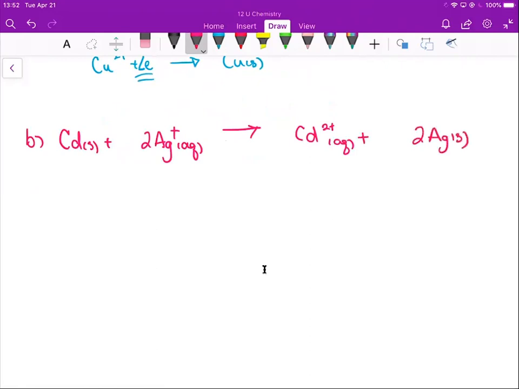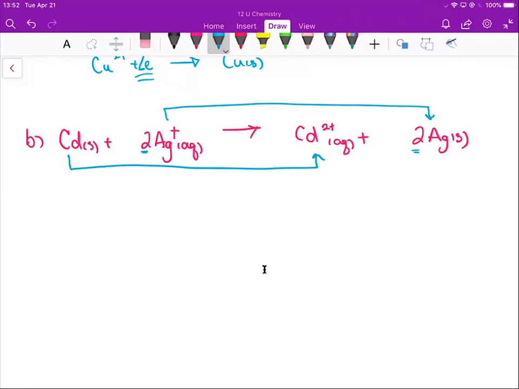Okay, and it's actually already balanced for us. I know this because of these coefficients. They're trying to help you guys out before trying to guess it on your own. So cadmium is connected with cadmium, silver is connected with silver. So cadmium goes from 0 to 2 plus. And so if your number is increasing, that's loss of electrons.